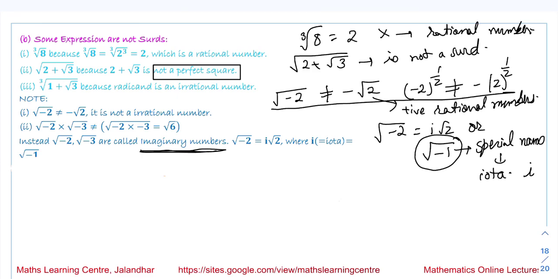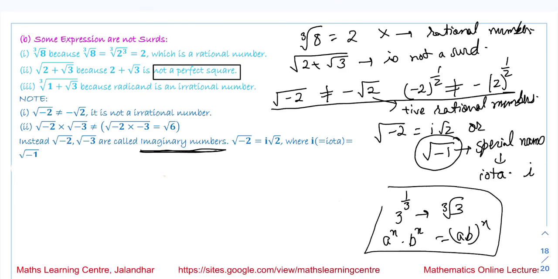If it is given that 3 raised to the power 1 by 3, it means cube root of 3. If it is a raised to the power x into b raised to the power x, it is ab raised to the power x. These kinds of properties will be useful in your next chapter. So you must practice as many questions as you can.